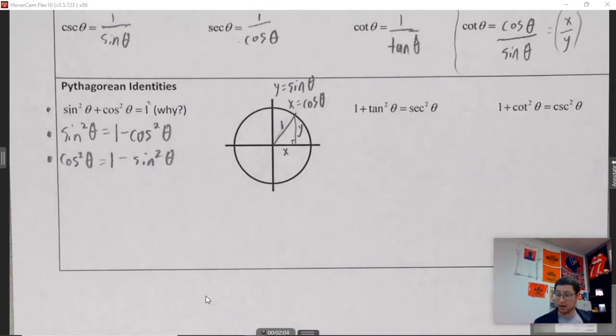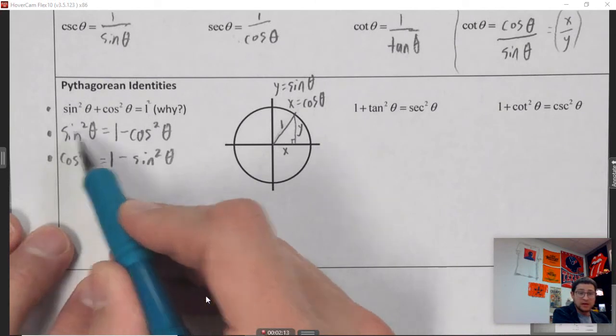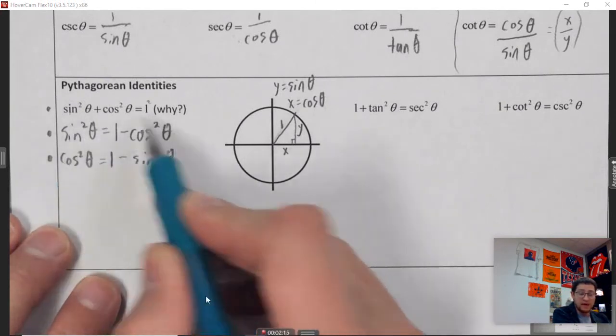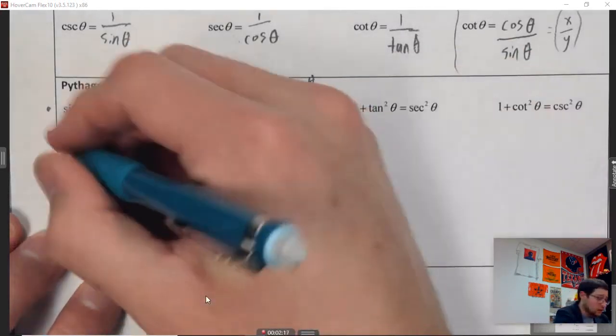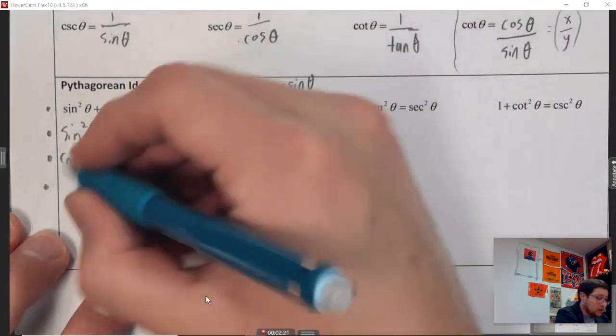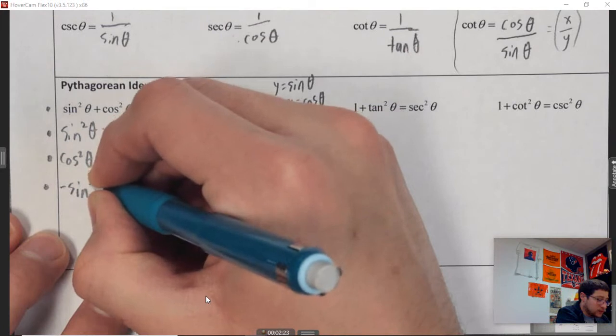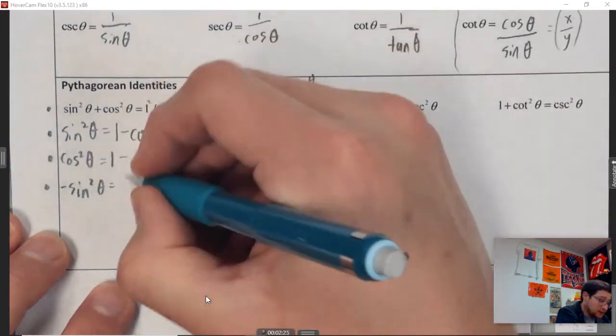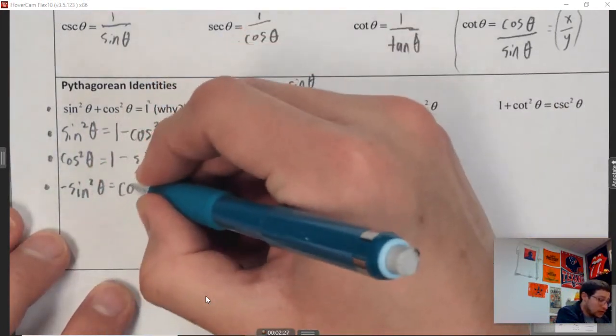Another way to do it is you could have the negatives. You could essentially multiply negative 1 times this entire thing. And so that would be the Pythagorean identity where you have negative sine squared is equal to cosine squared.